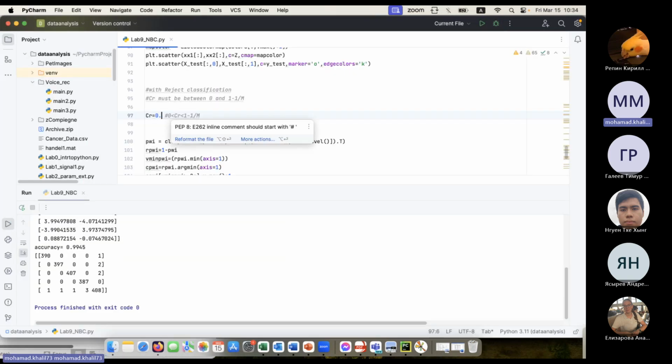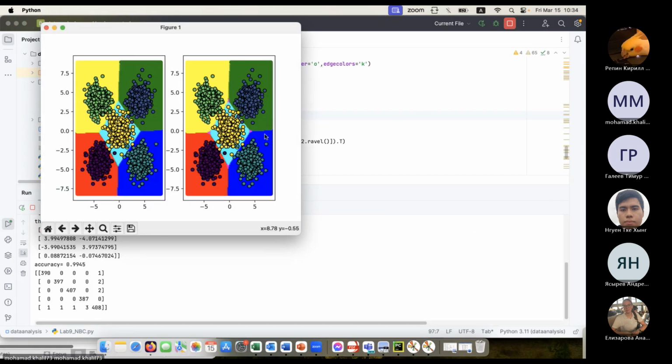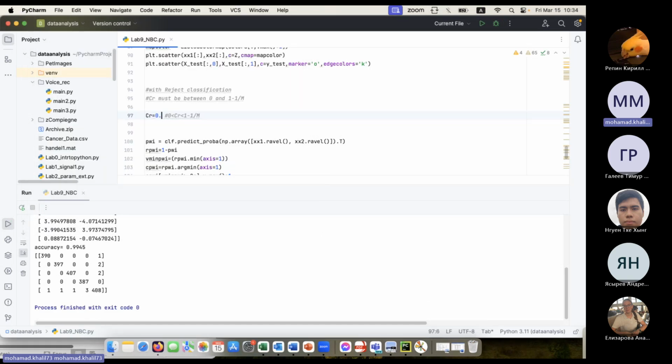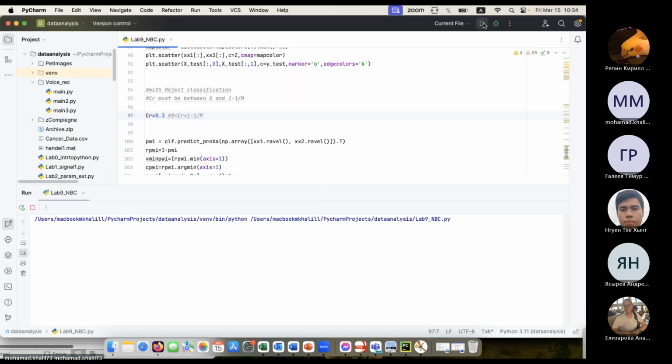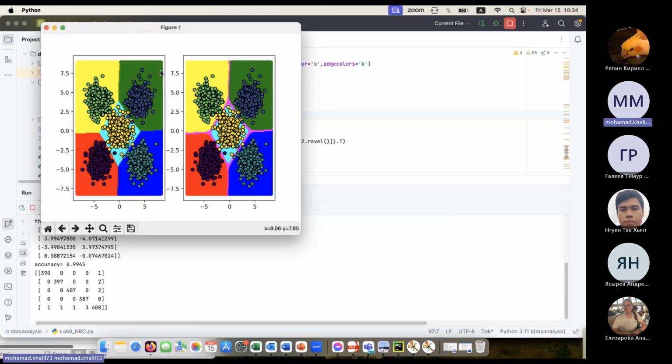If you continue, you put 0.5. A little bit bigger. If you put 0.3, okay.